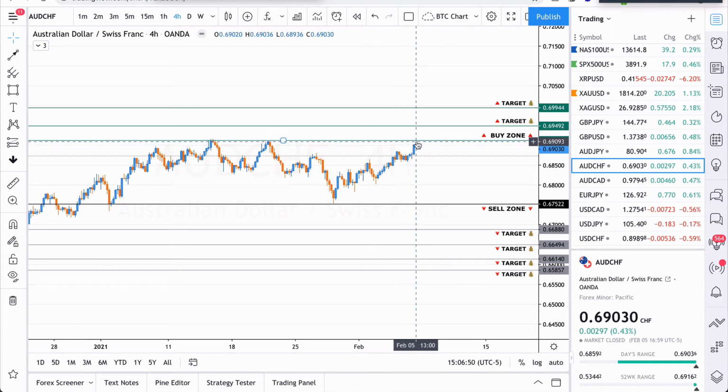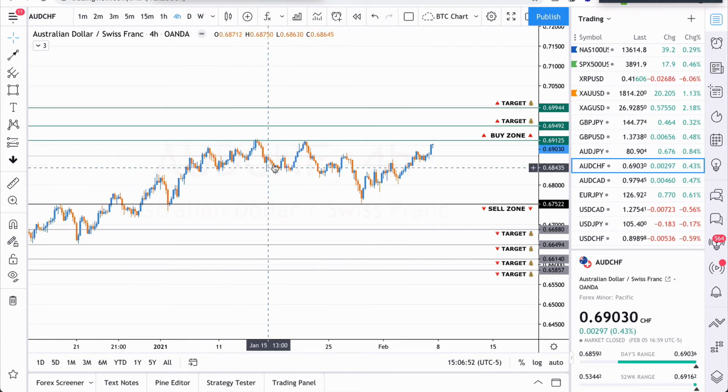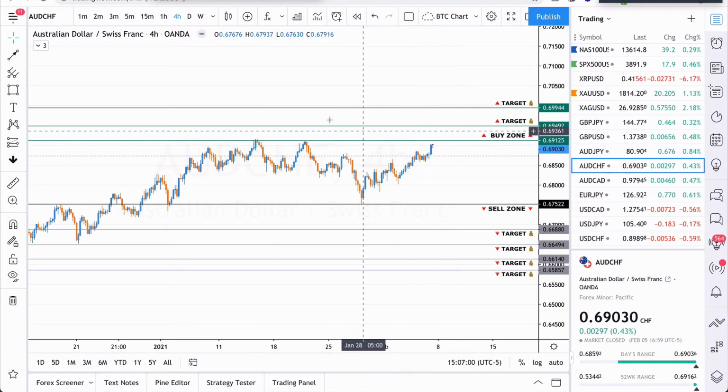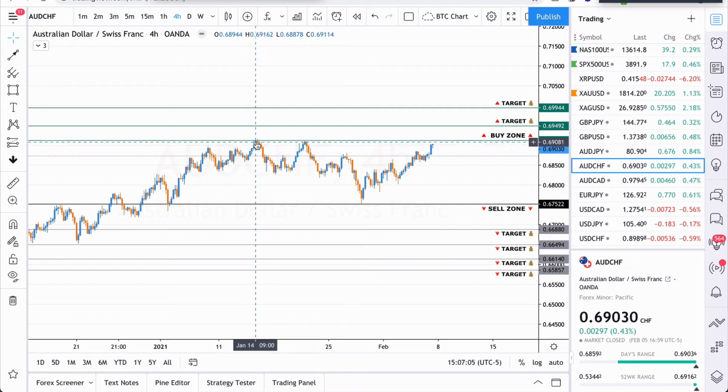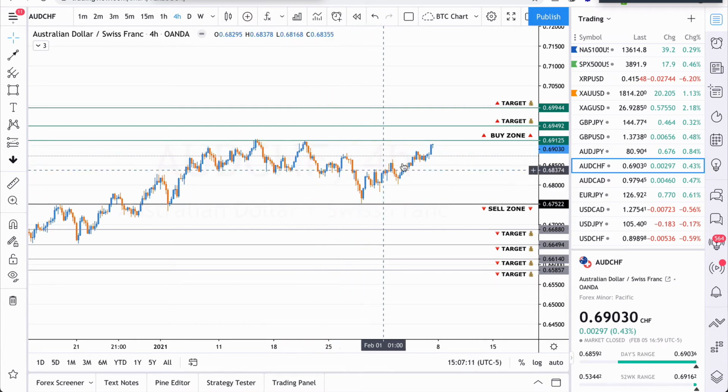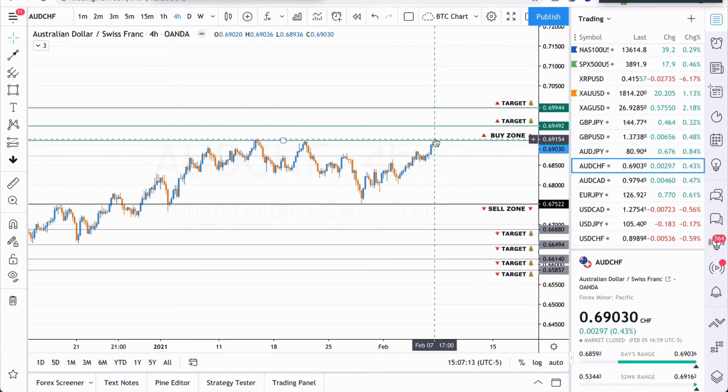If it does not reject here, if it rejects, because some more experienced traders will tell you that after 3 touches, on the 4th it breaks through. So this will be the 3rd touch of this zone. Look, touch once, rejected. Came up, touched twice, rejected. It's coming for a 3rd time.